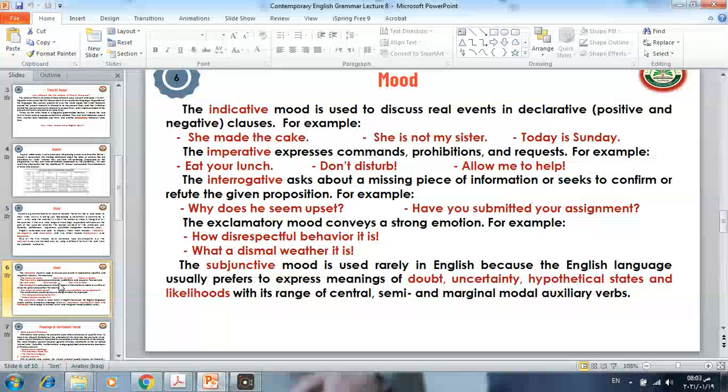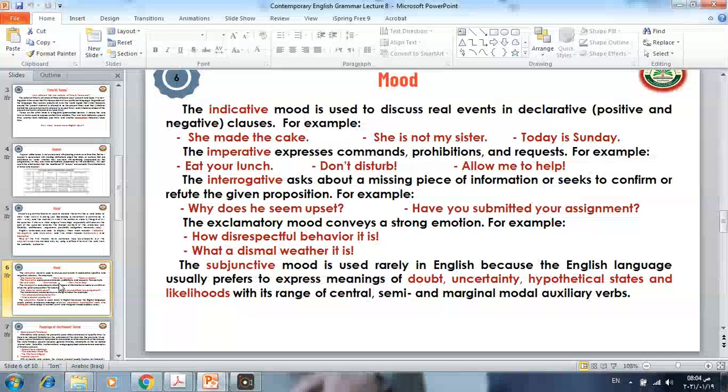The exclamatory mood conveys a strong emotion, and it is expressed by the use of exclamatory sentences. As you know, the exclamatory sentences in English are formed by the use of words like what and how, plus adjectives.